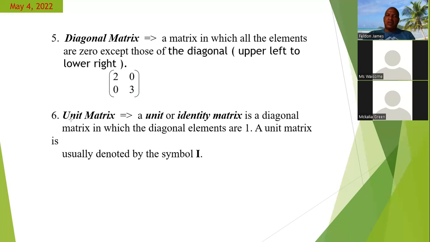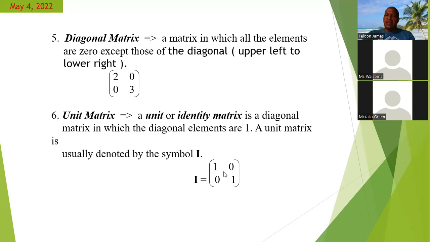Now, next we talk about the unit matrix. A unit matrix, sometimes called identity matrix, is a diagonal matrix where the diagonal elements are one. So let me say that again. A unit matrix, sometimes called identity matrix, is a diagonal matrix where, so remember from up here, a diagonal matrix only has non-zero elements in the diagonal.